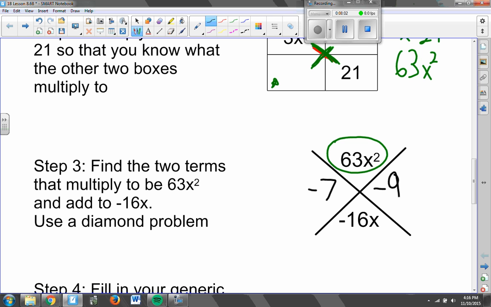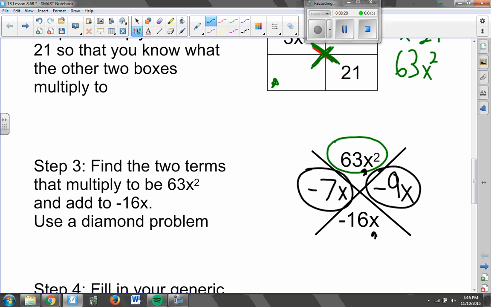Both of them need to be x's so that I get x times x is x squared up here, and x down here with my 16 as well. So my two missing terms then are negative 7x and negative 9x.